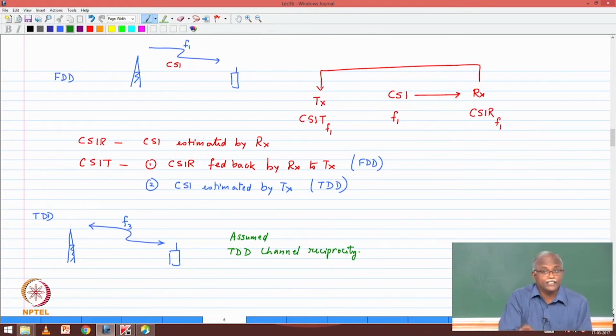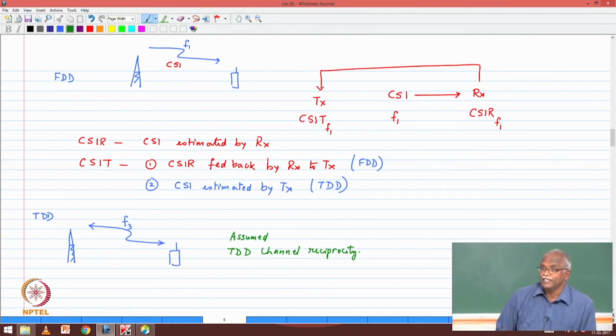But that means it's going to send only a limited amount of information. But if it knew in a dynamic fashion what the current channel conditions are, then it can optimize the rate. It will not transmit at a fixed rate, it will be adjusting the rate, and because it's able to adjust the rate, it will achieve better capacity. So CSIT is very, very important because that is what will help us achieve capacity. But that's the topic for our discussion today.